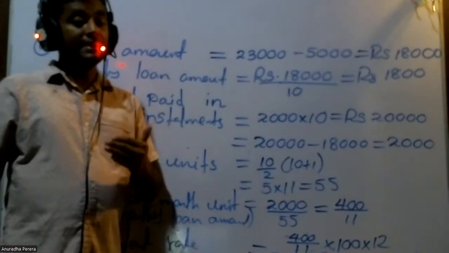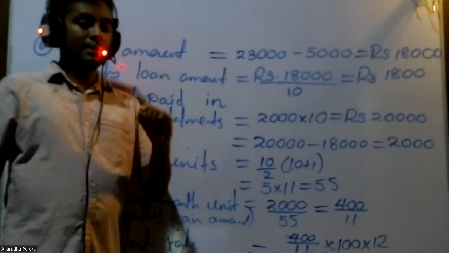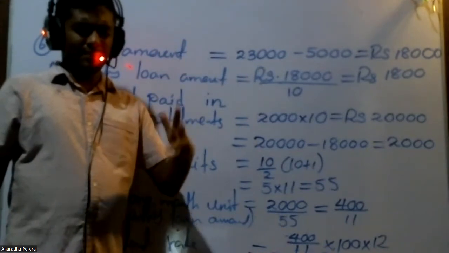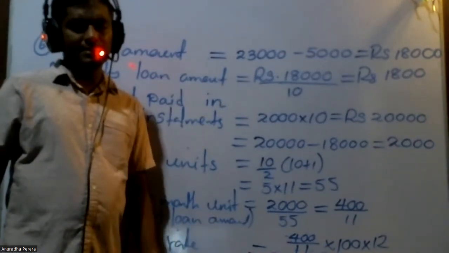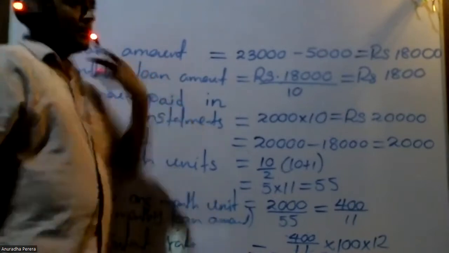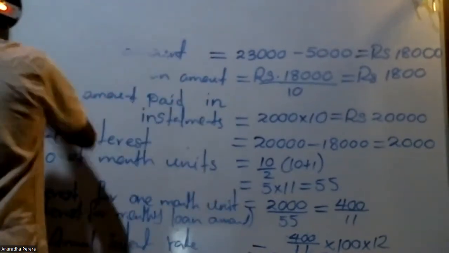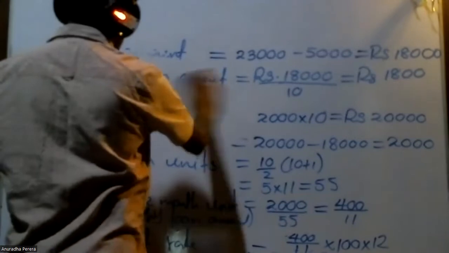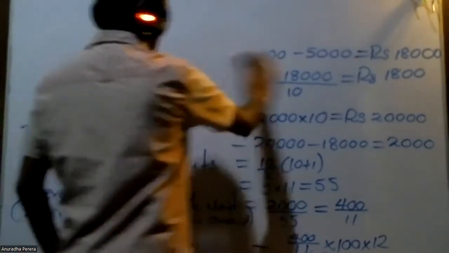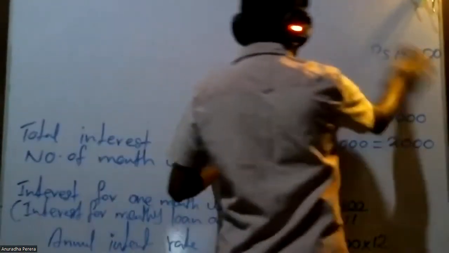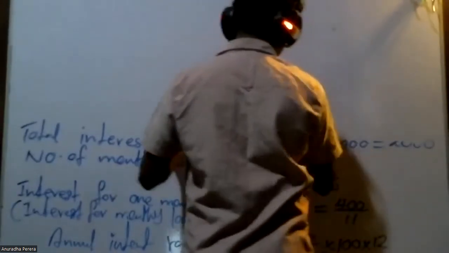But in the compound interest method, the capital for the loan amount is changed year by year.